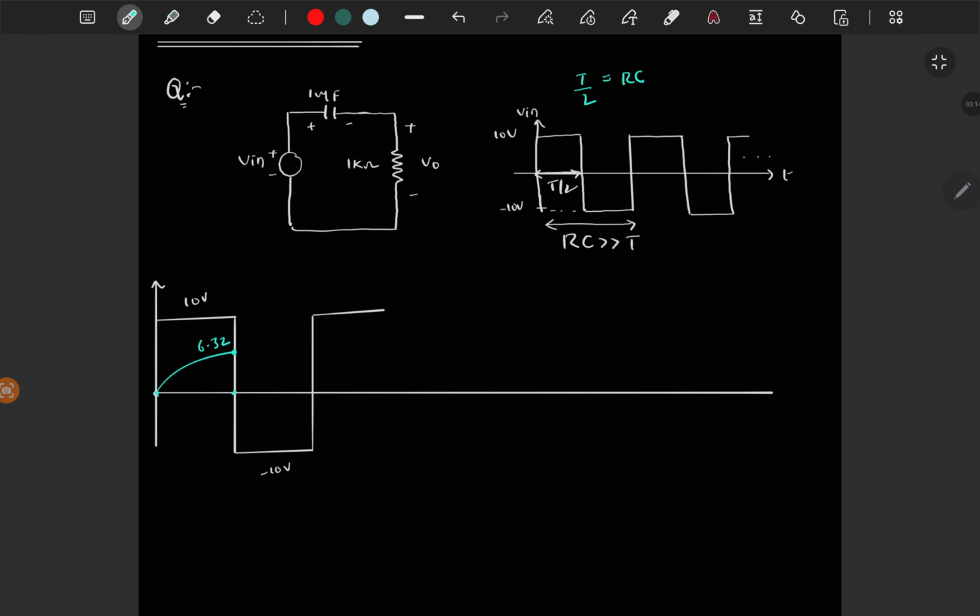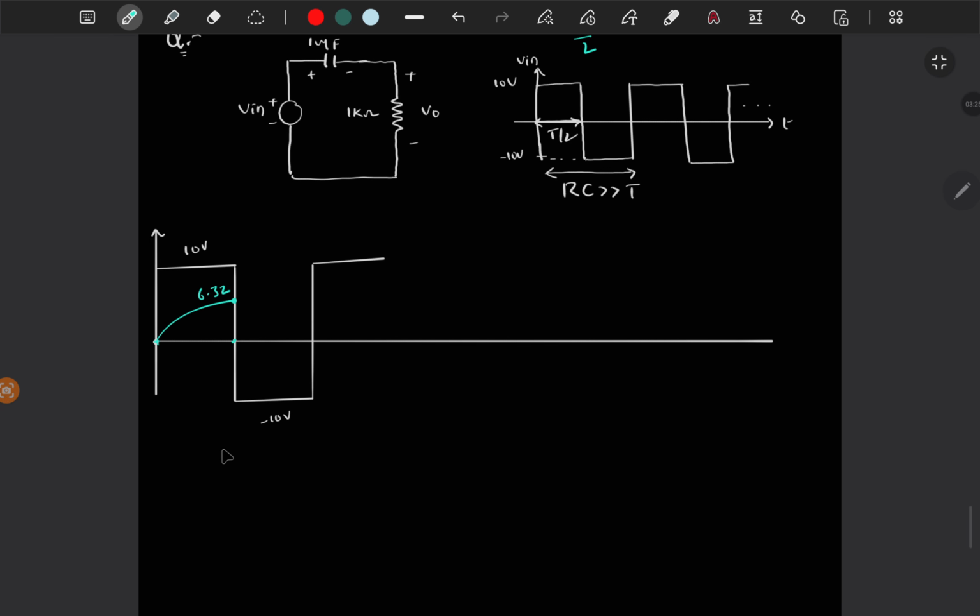Then from here, the input voltage is changed to minus 10 volt. So in that case, this is the input voltage, and we have the capacitor and resistor.